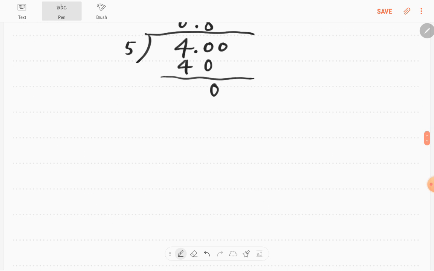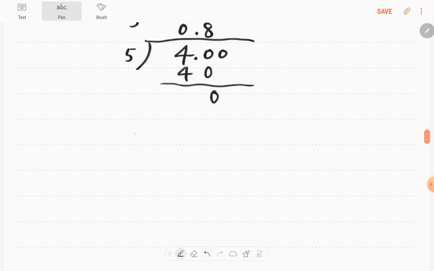Okay. We can try another one. Let's see, it's 6/5. We want to change this fraction into a decimal.